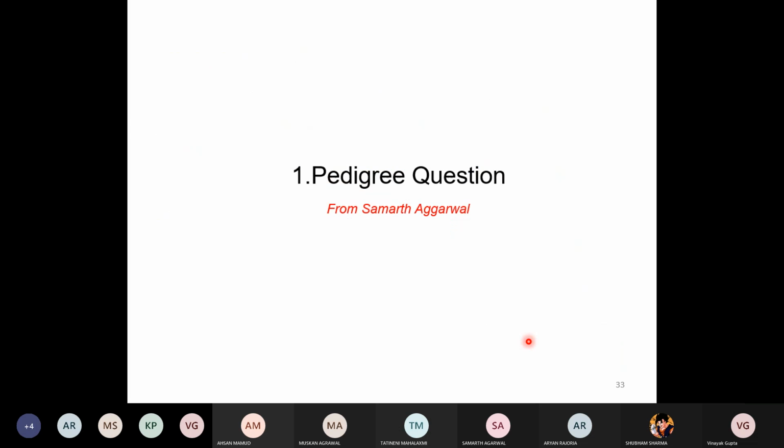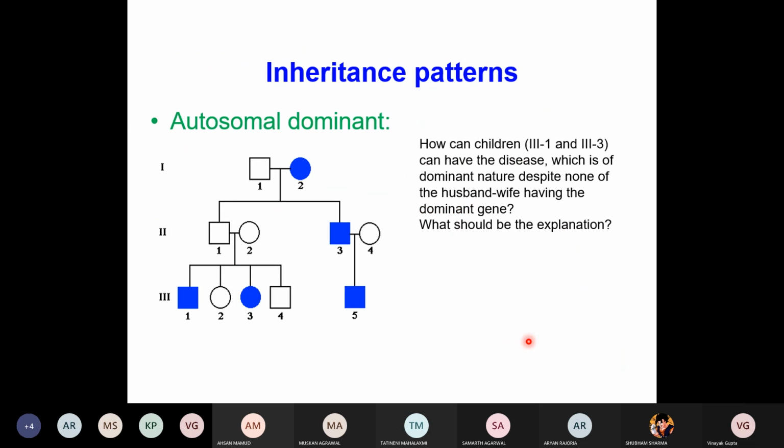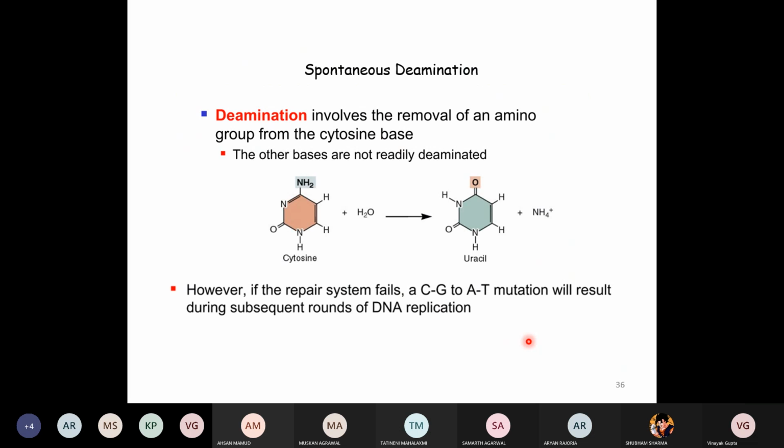Okay, so let's see this concept. Last example of the spontaneous deamination is that cytosine can go through deamination without any chemical agent.